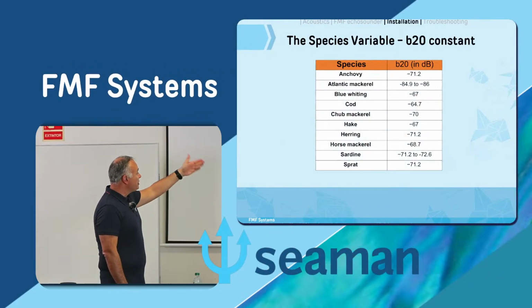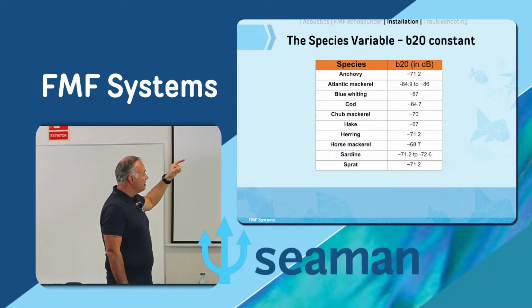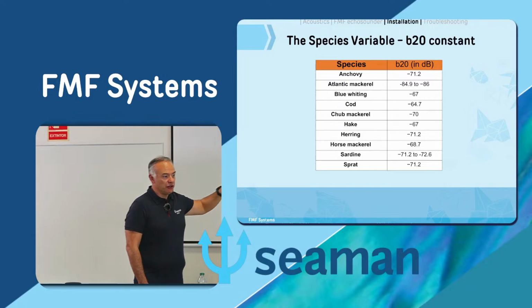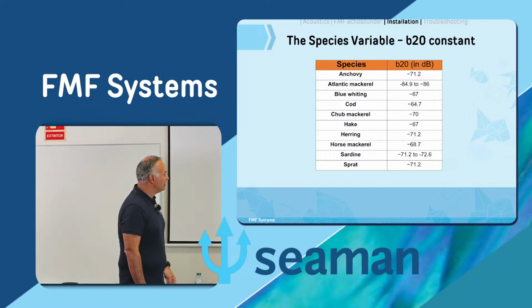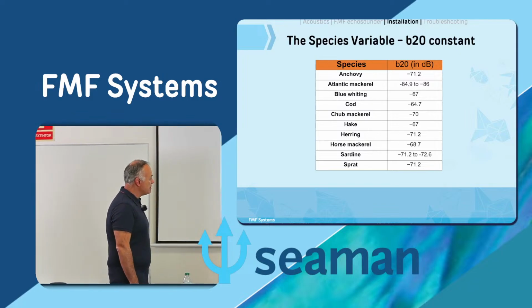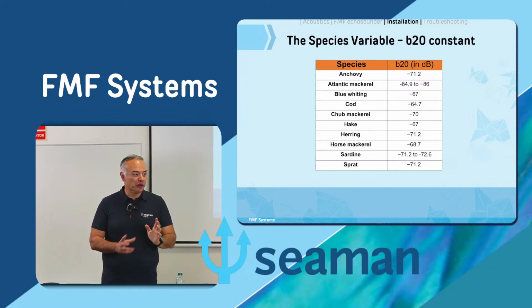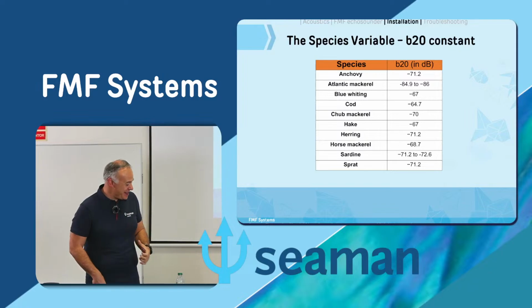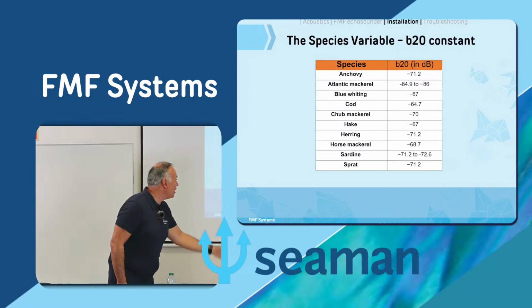So different V20s, you see there the differences between species. Atlantic mackerel, swim bladderless, the constant is 84 dBs to 86, while with cod it is 64. So the difference is huge. This is also a correction in dB applied to a logarithmic formula, so it can be easily added.